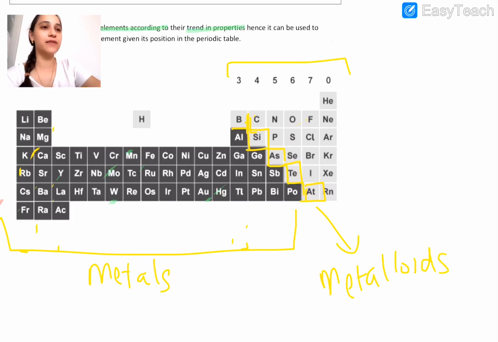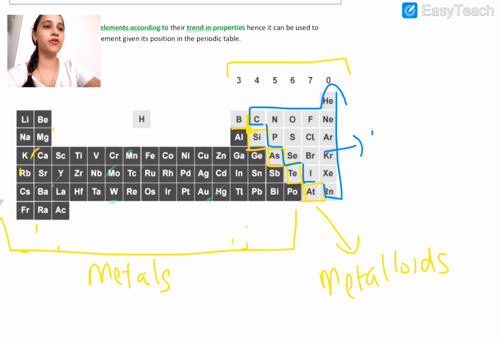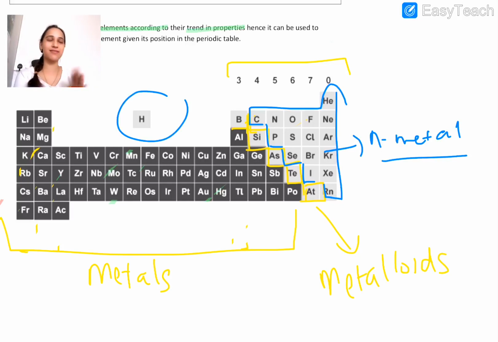Okay, and then everything here, the pale ones, these are non-metals. Hydrogen, it's in the corner. Sometimes it's classified as a metal, sometimes it's classified as a non-metal.